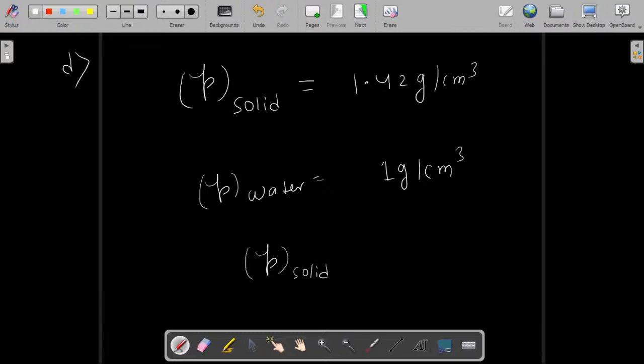Write down, density of solid is greater than density of water. Therefore the solid will sink. Sink means डूबना. Therefore, the solid will sink.